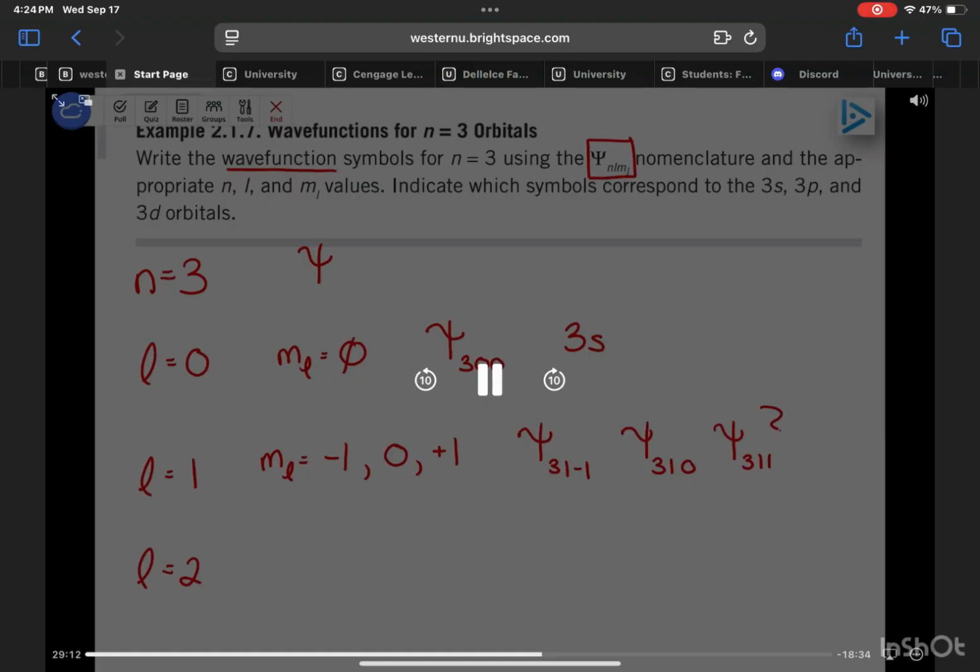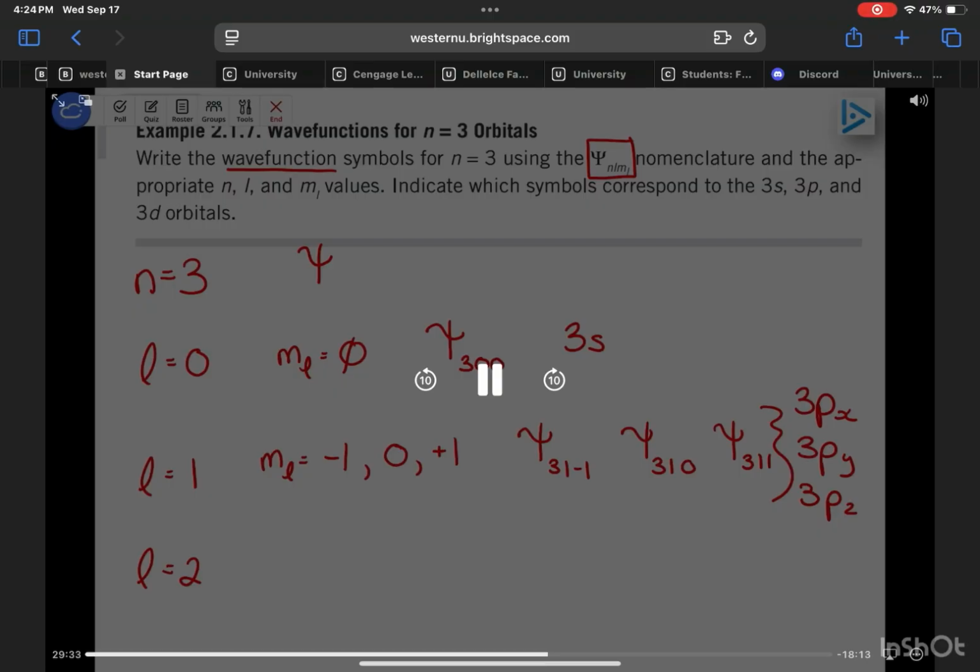These correspond to 3p orbitals. There's a 3px, a 3py, and a 3pz. I don't know which one is which, but we know that 3 exist, and this is how we can classify them.